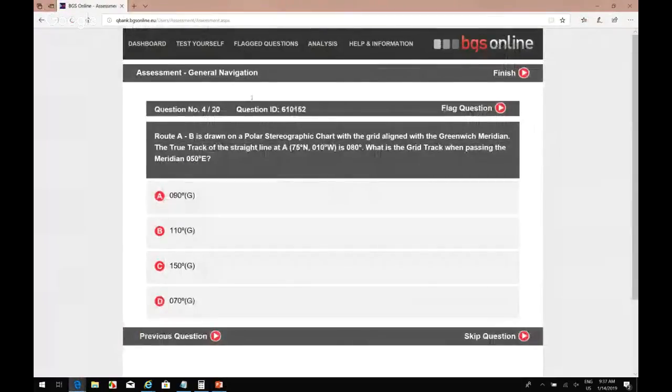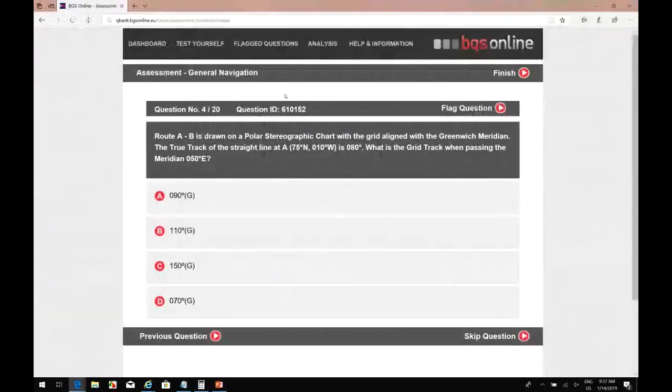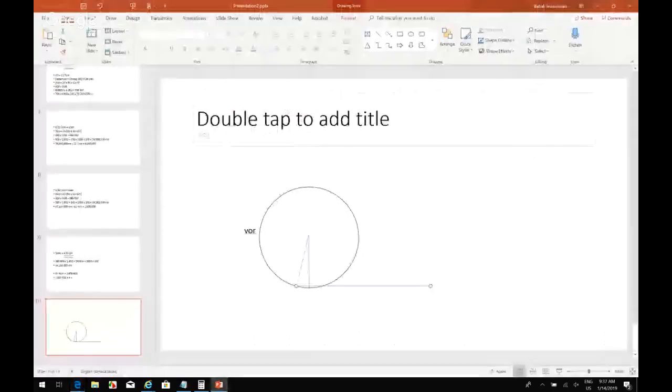So what's the grid track when passing the meridian 50 east? Which way is the grid oriented? Grid aligned with the Greenwich meridian. Okay, so the grid is like this.